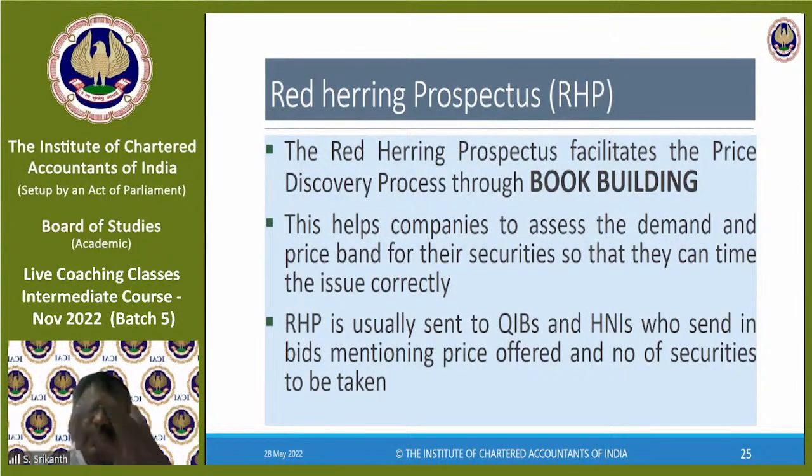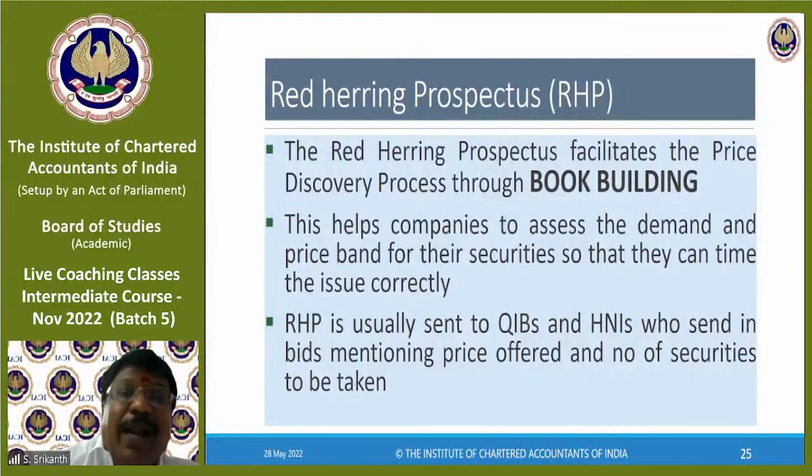Then they will fix 650 to 700 or 625 to 725, whatever, there's no rule. This is called the price band. They will again issue a fresh prospectus, properly, with the amount and number of shares. That will be the normal prospectus. So the red herring prospectus is a method of assessing the demand and price band.